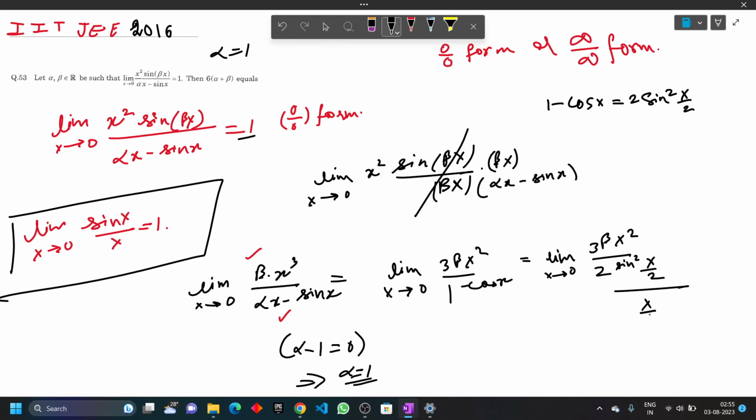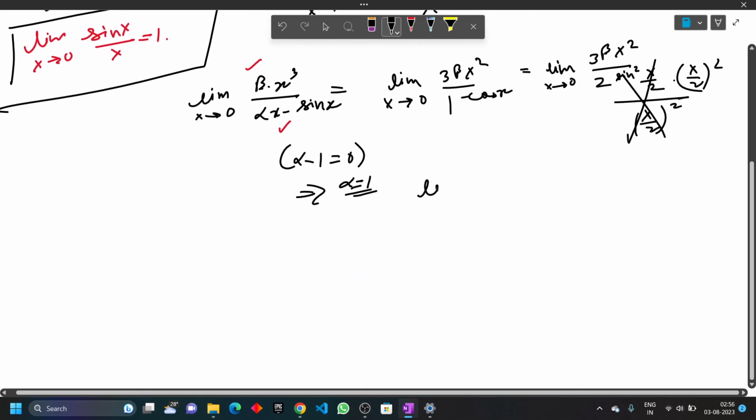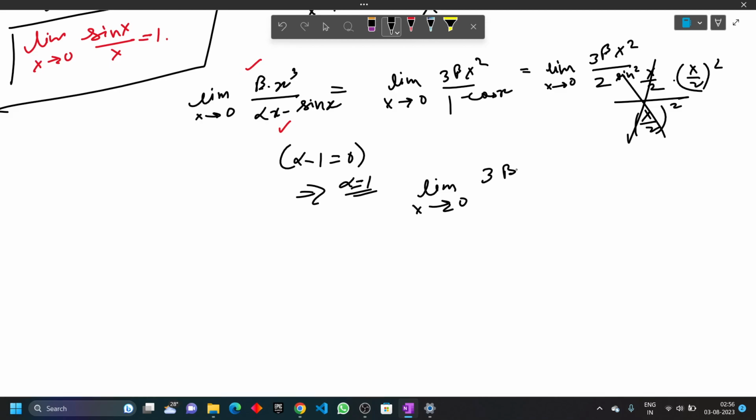Now I'll divide this by x by 2 whole square and multiply by x by 2 whole square. Why? Because this thing will get cancelled by using this identity, right? So now I got limit x tending to 0, 3 beta x square upon 2 x square by 4, which is equal to 1. So x square and x square get cancelled. So 6 beta is equal to 1, and beta equal to 1 by 6.